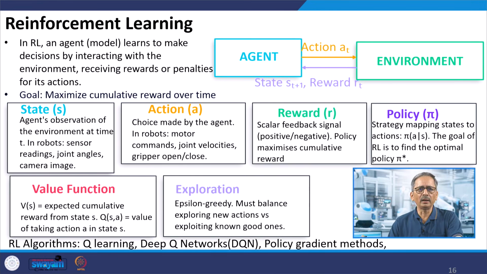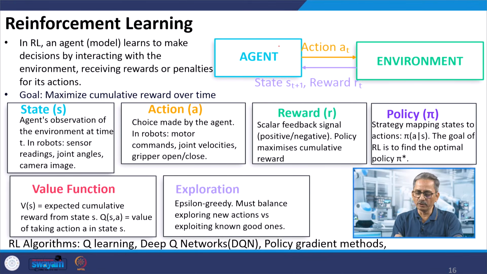Next type of learning here is reinforcement learning. In reinforcement learning, an agent learns to make decisions by interacting with the environment, and in turn the agent receives rewards or penalties for its actions. Here the goal is to maximize the cumulative reward over time.